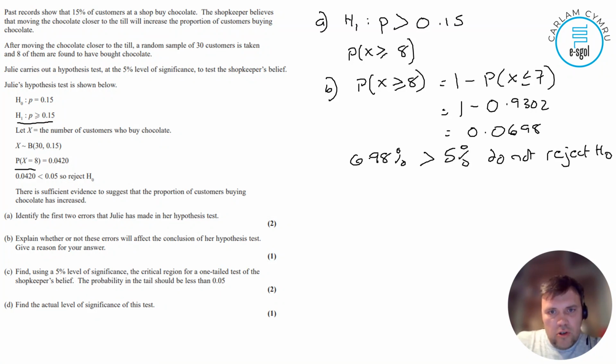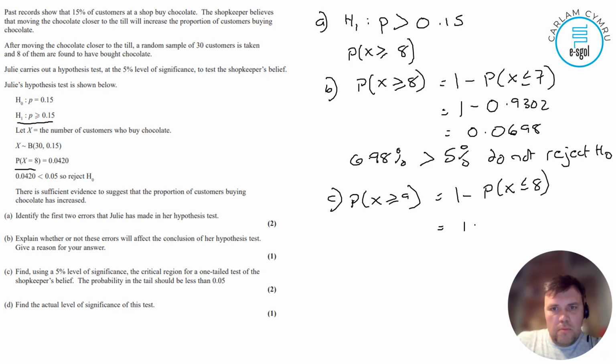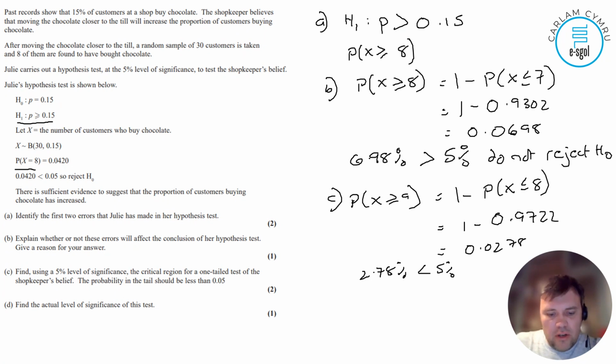So let's try for part C, P(X ≥ 9) = 1 − P(X ≤ 8) = 1 − 0.9722, which is equal to 0.0278. So this is 2.78%, which is less than 5%. So that's my critical region. So my critical region is X ≥ 9.